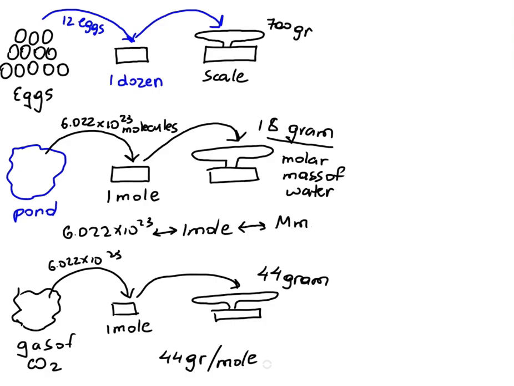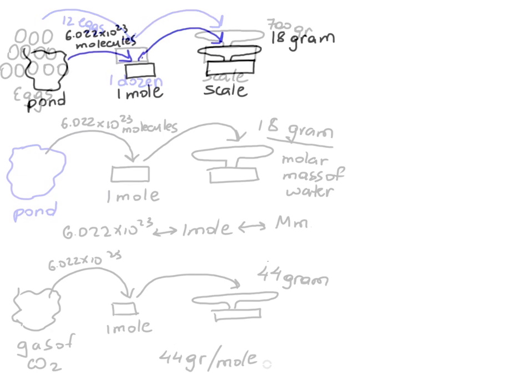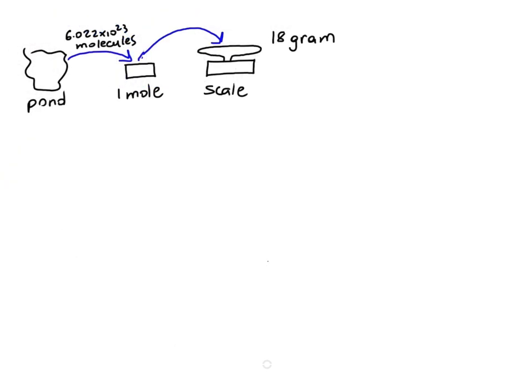So now let's go ahead and solve the real problems. Here I redrew this on top, so we have enough space to solve some problems. Now let's take a look here. So here it says 1 mole is equal to 6.022 times 10 to the 23.